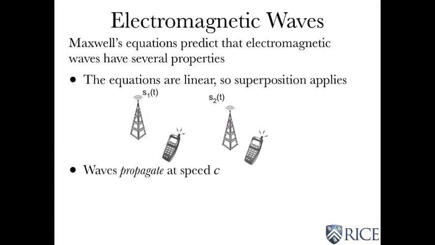Okay, so another thing that's important is that electromagnetic waves propagate at a speed of c. So let me illustrate what propagation is. Suppose I draw an axis. It's a little interesting. Suppose this is space and this is time. And at some particular location, I send out a pulse that's of this width in time.